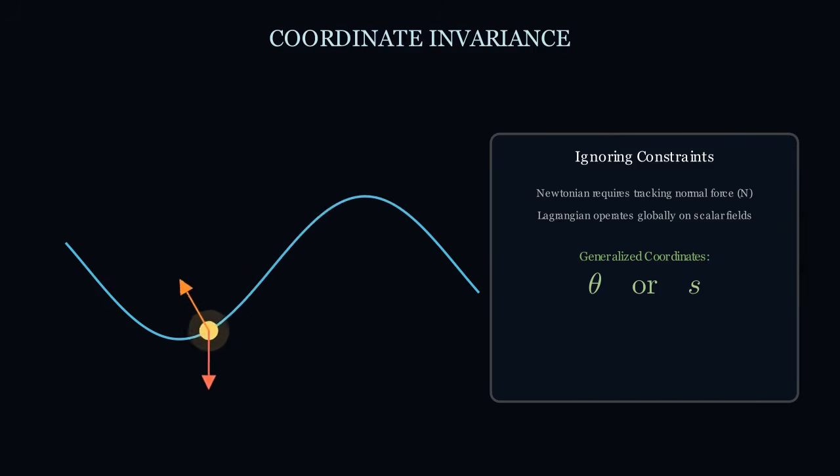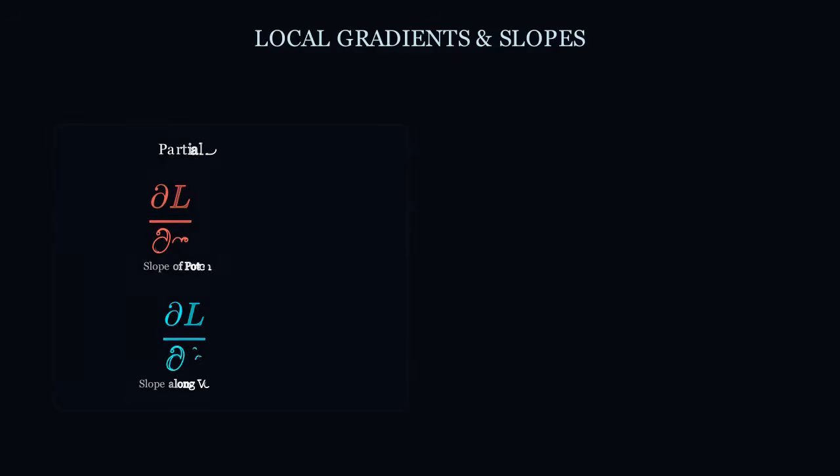We can describe the position x using any generalized coordinate we want, such as an angle θ or a curve length s. The geometry of the Lagrangian surface remains invariant under these coordinate transformations, turning complex vector algebra into straightforward calculus. But how do we use this invariant surface to determine the exact path the object will choose to take?